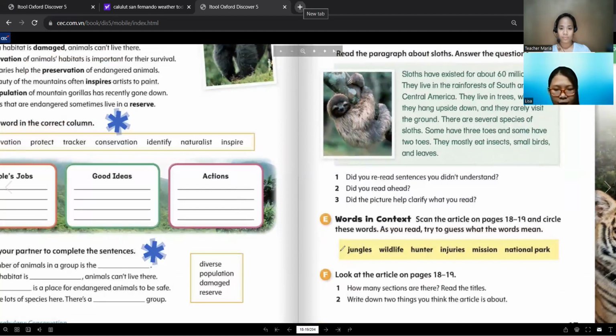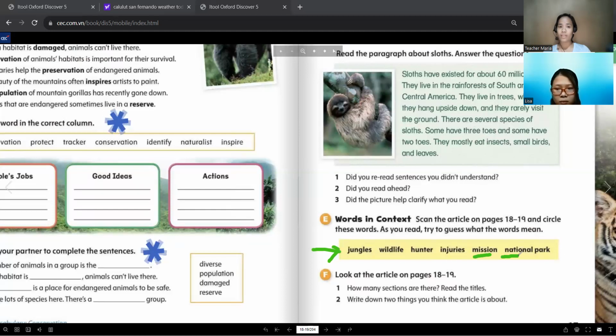Jungles, wildlife, hunter, injuries, missions. Say it again. It's not missions, there's no letter S at the end. It's mission. Mission. Okay, next one. National. Okay, national park.